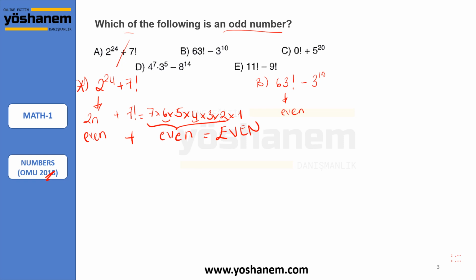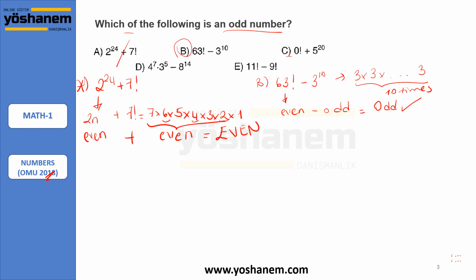So 3 power of 10, it's like 3 times 3 times 3, multiplying 3 by 3 10 times. So all numbers are odd numbers. So odd multiplied by odd is odd. What was it? Even minus odd. It was odd. Then this is my answer.